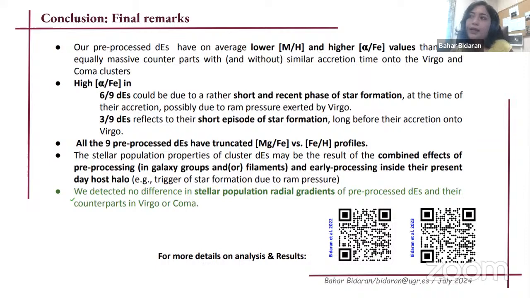So if you define blue compact dwarfs as dwarfs that have this blue core star formation activity, they could have. But in terms of other structural properties, I don't think so.